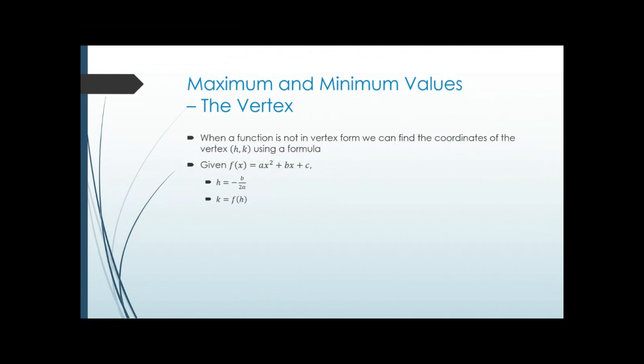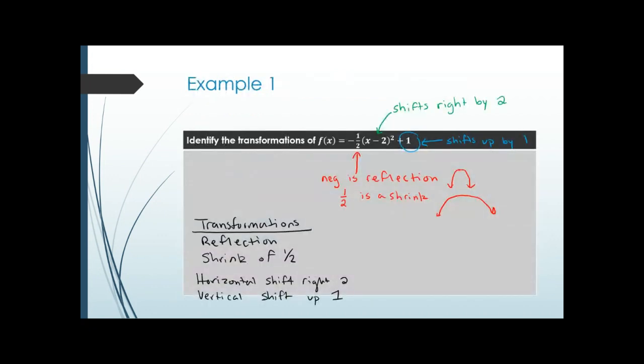Okay, so now I want to focus on the maximum and minimum values and the vertex, because this is one of the most common things that you do with equations, figuring out what the vertex is for the quadratics. What we had in the previous slide is in vertex form, and I'm going to reiterate that by writing this down. So this example 1 is in vertex form.